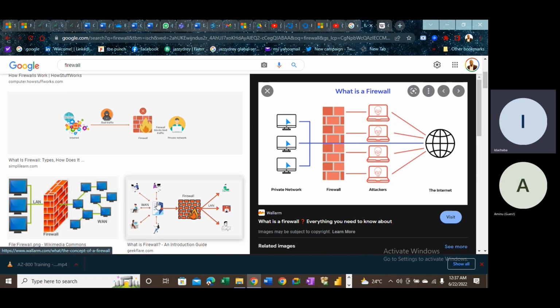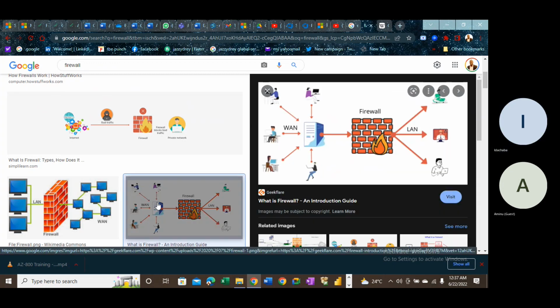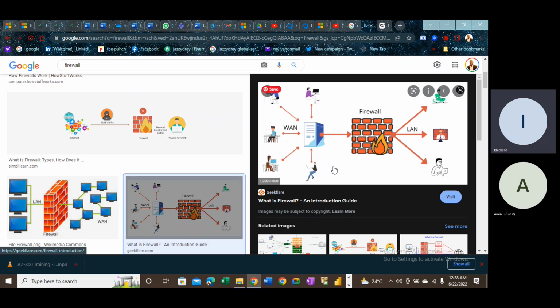Or let's check this. There's a local area network, which is within the premises. Then there's a firewall.